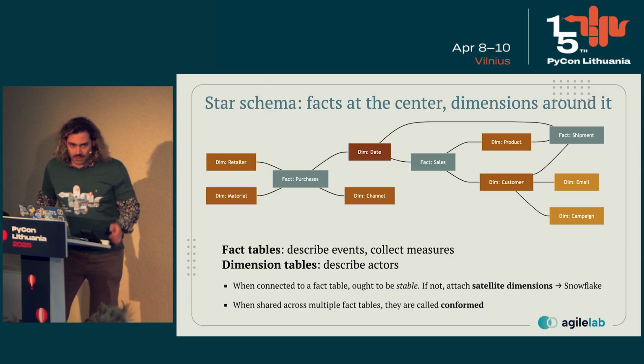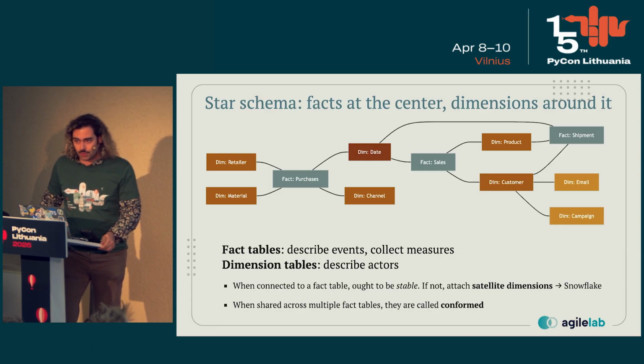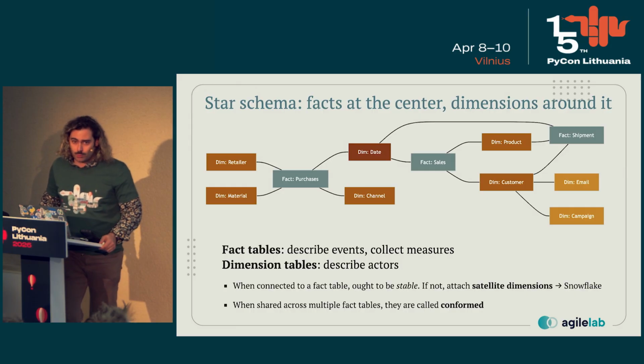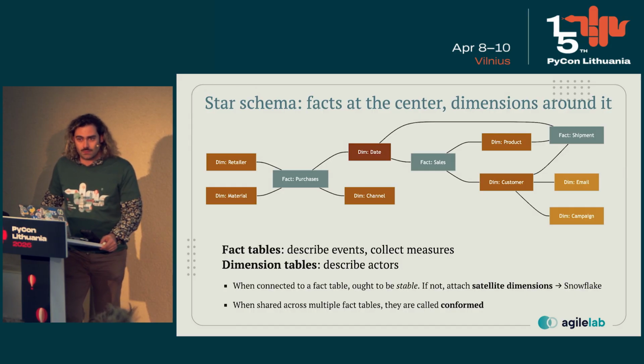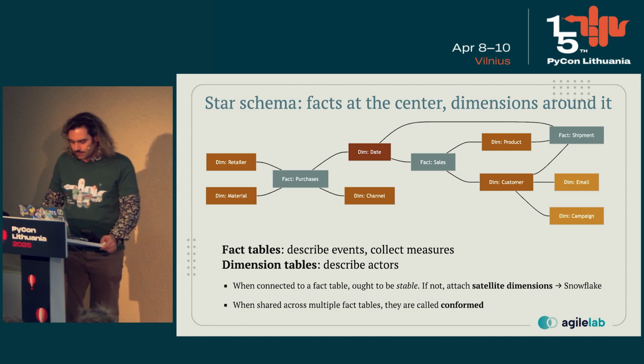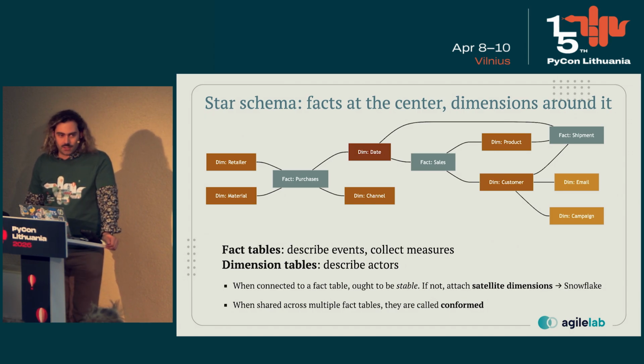Dimensions are, again, the description of the actors, the attributes they have. Dimensions should be stable when connected to a fact. And by this, I mean the columns shouldn't change. If that is the case, then consider separating them into satellite dimensions.